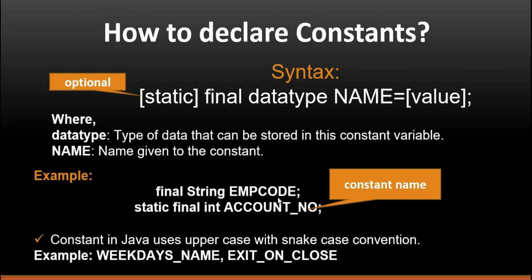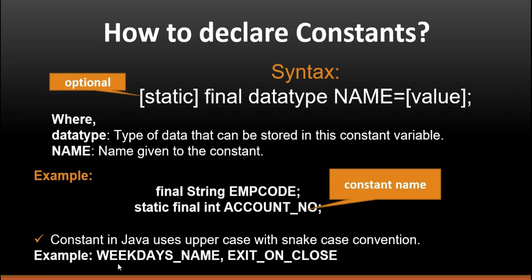What I have done, I have declared this in capital because I am using the Java convention. Another variable I have declared as account number. You can see account and number are two different words. So therefore, I am connecting them by an underscore. So if you have more than one word, you can connect them using an underscore. And this convention is known as snake case convention.